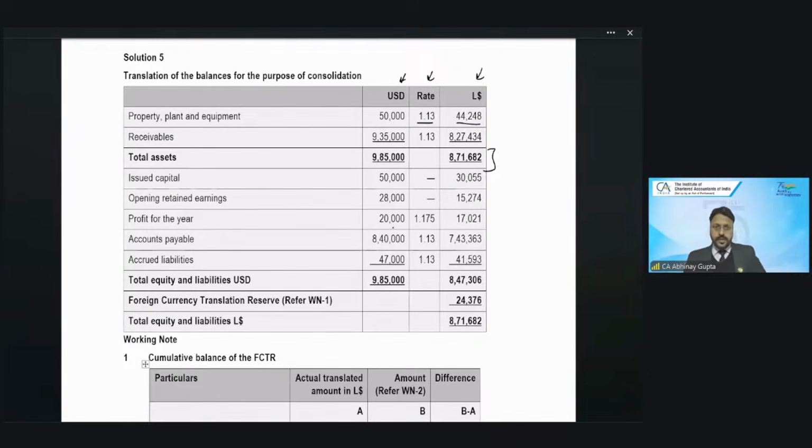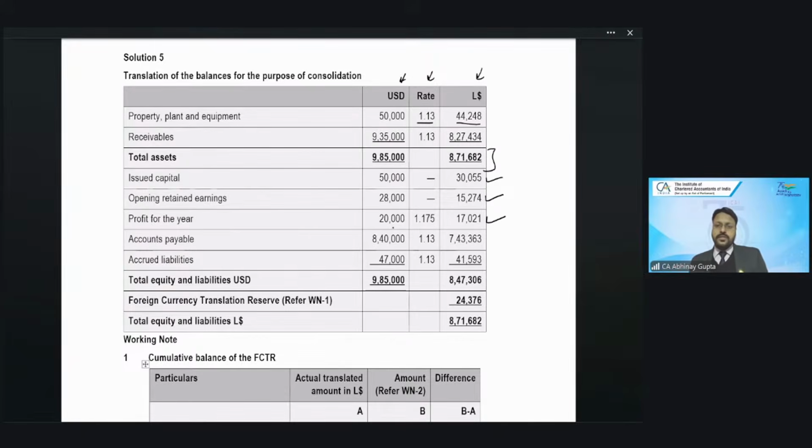Then issued capital is already given in the question, and opening retained earnings is already given in the question, correct? So 30,055 and 15,274 is already given in the L dollars, right? Now, profit for the year 20,000 at which rate? Weighted average rate during the year. So 20,000 divided by 1.175, correct?